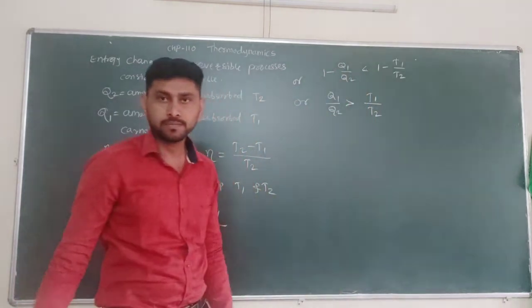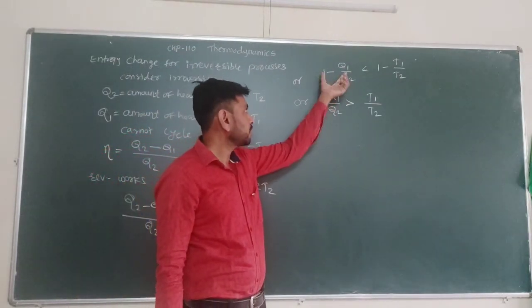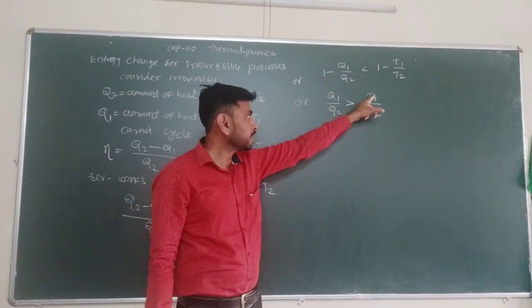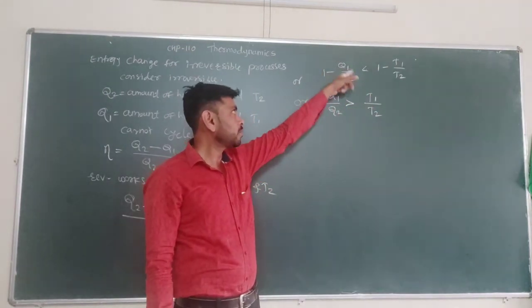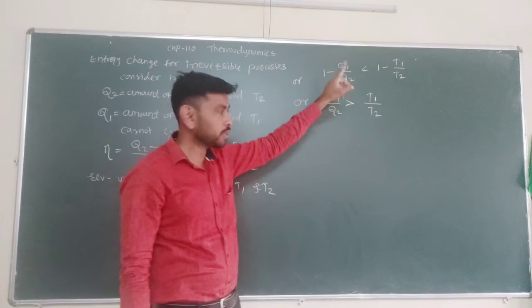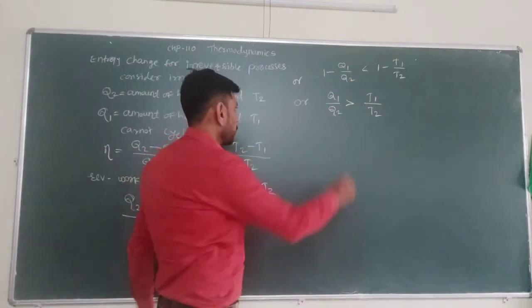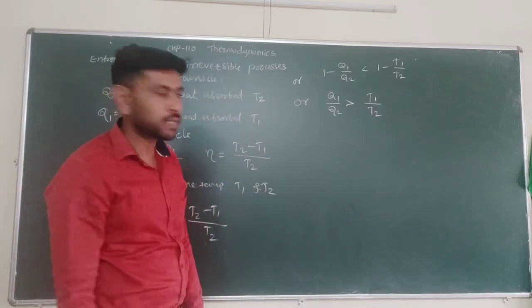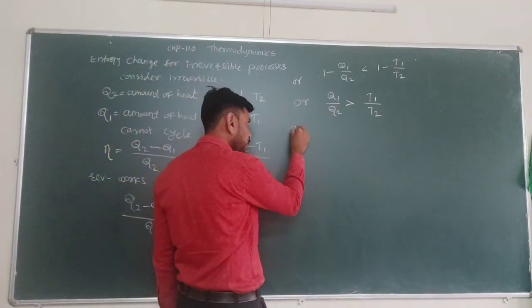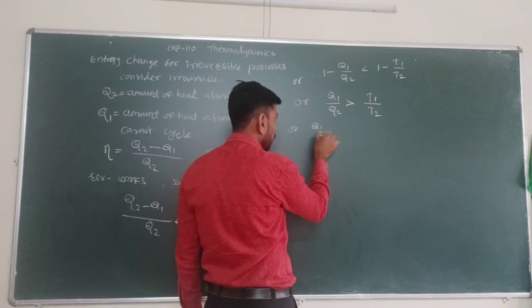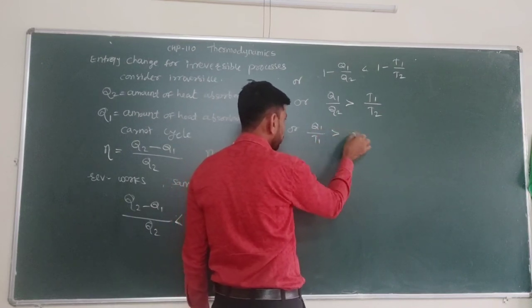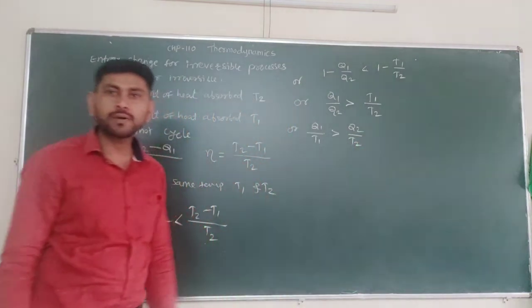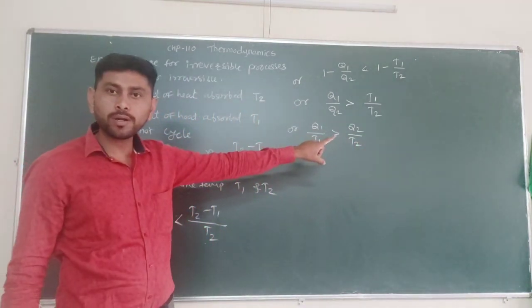If this quantity is larger, then 1 minus Q1 upon Q2 is lower. So in this case Q1 upon Q2 is greater than T1 upon T2, and we can write it in another form: Q1 upon T1 is greater than Q2 upon T2.